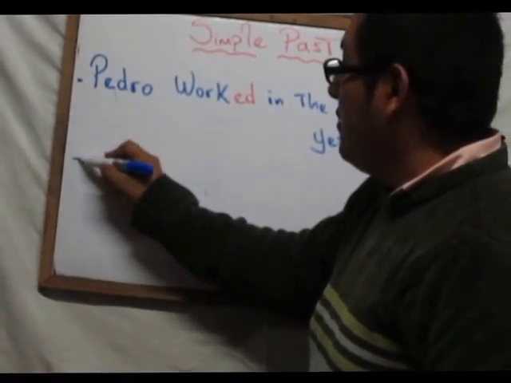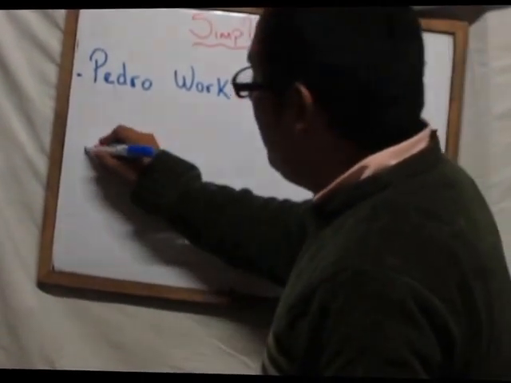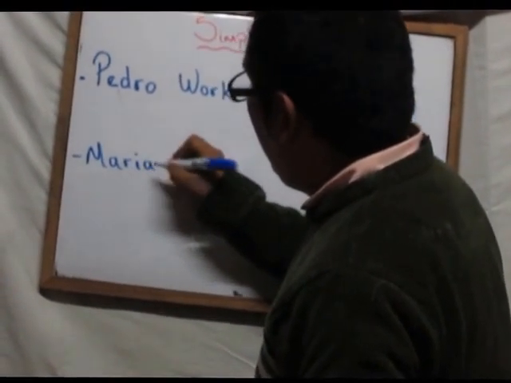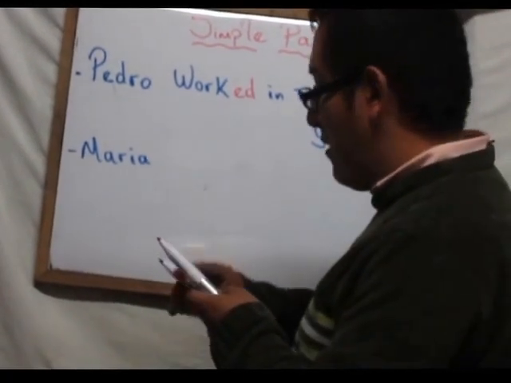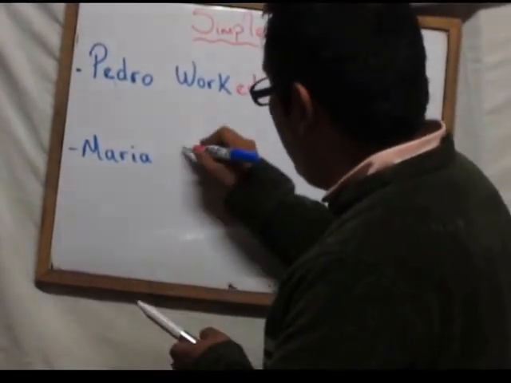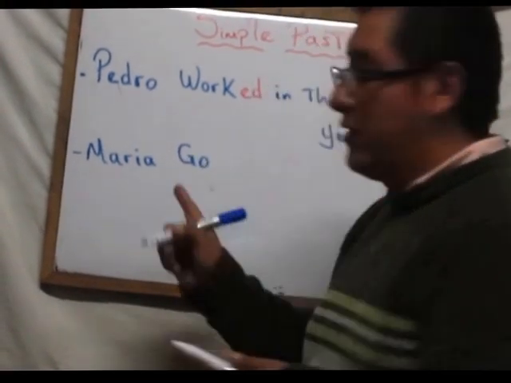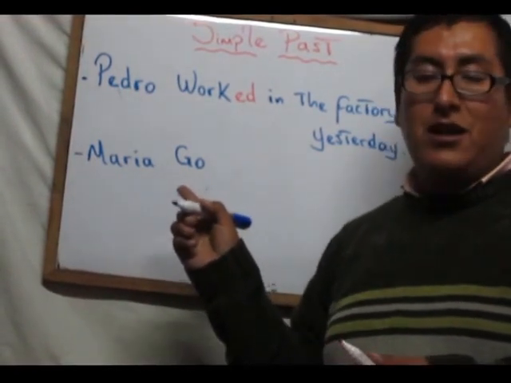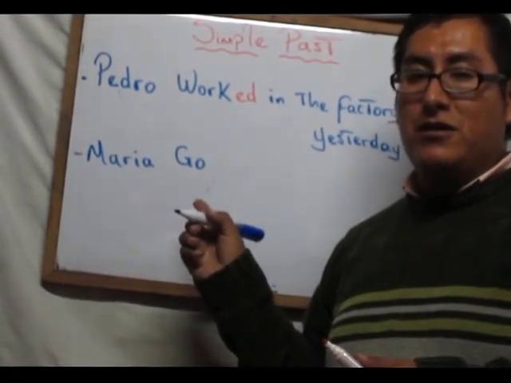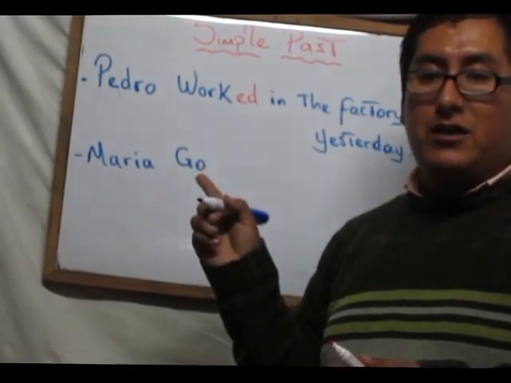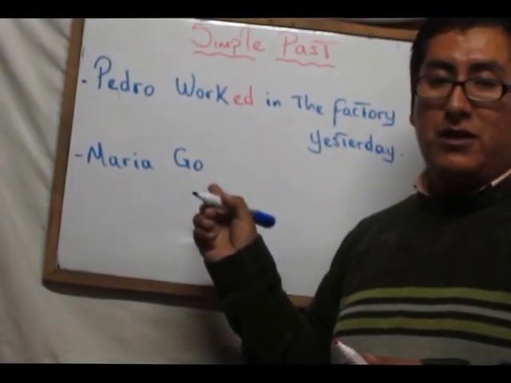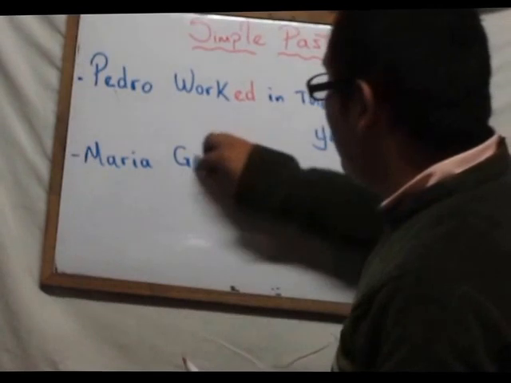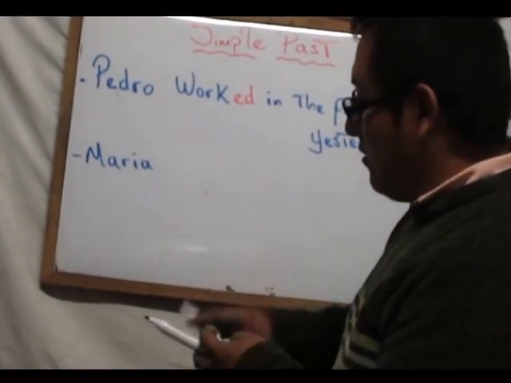Another example. Maria go. Do you remember the verb go? Right? This is in the present. And what is the past of the verb go? You use ed? No, right? Because this is an irregular verb. When it's an irregular verb, you change that verb. In this case, go changes to went.